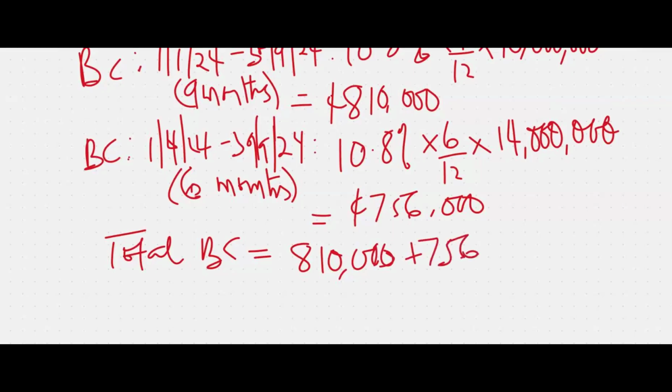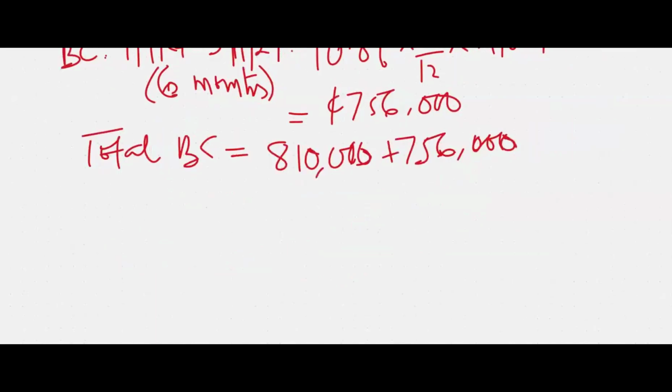What do you have in total? 1,566,000. All right, so this is your borrowing cost.